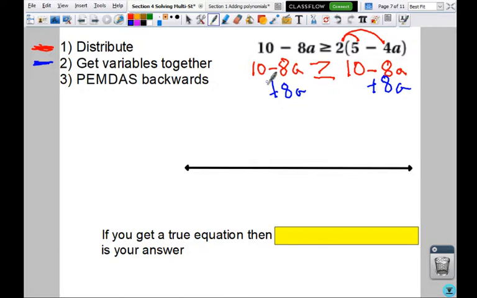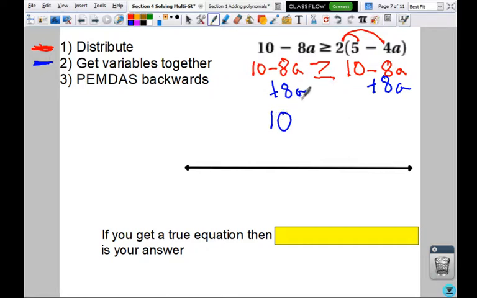This is really a 10 minus 0 because these are opposite, so they cancel out and turn into a 0. So if I have a 10 minus 0, do I really need to write minus 0? No. So I'm going to write 10. I don't have 10a or 10 minus a because I have 0 a's. If I have 0 a's, it doesn't really matter.